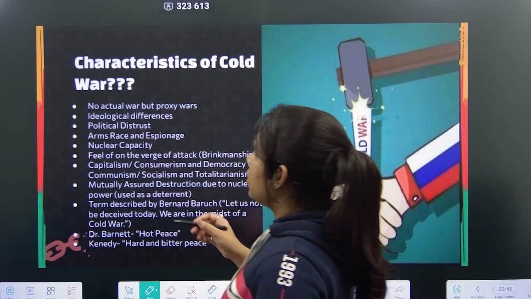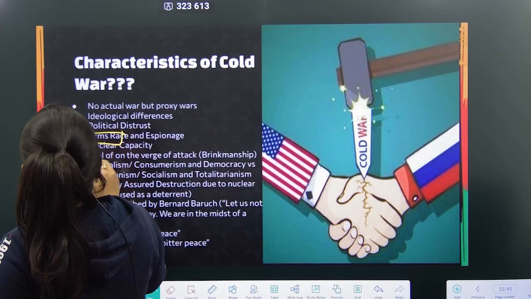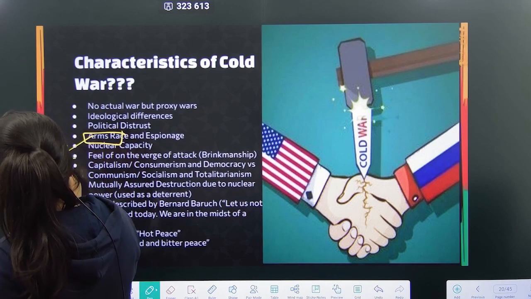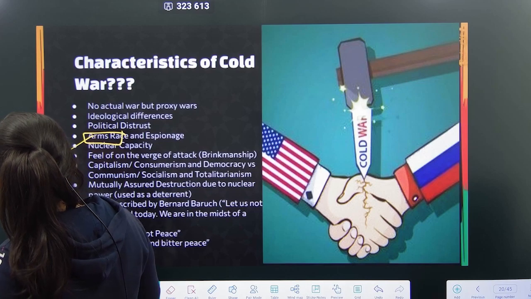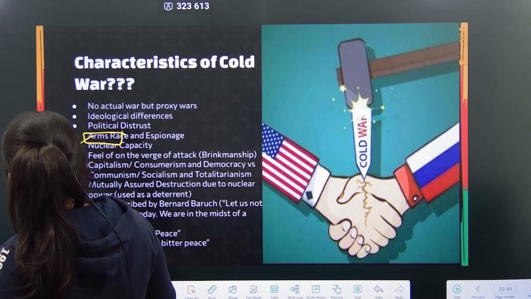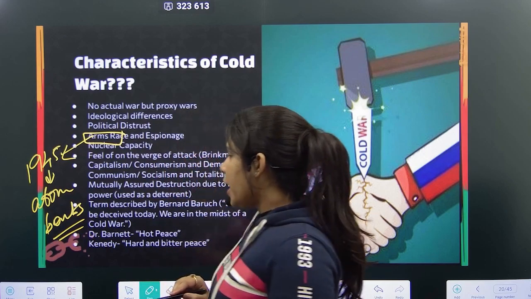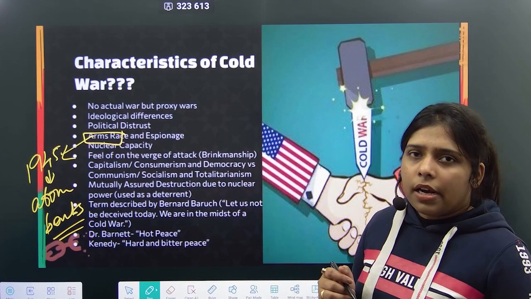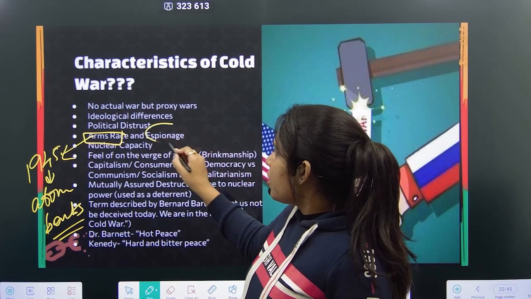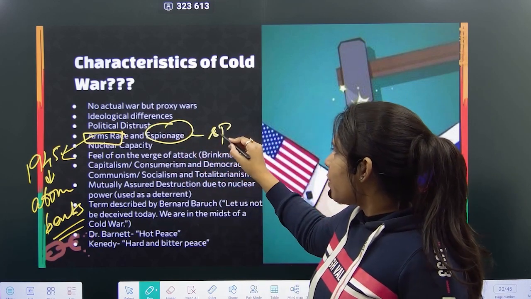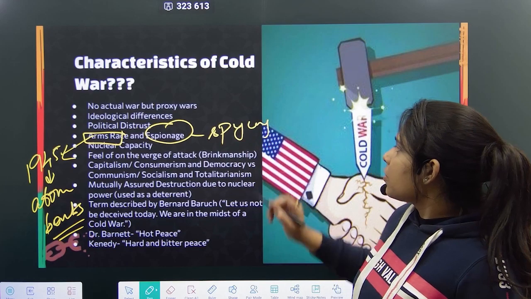Arms race. So after the discovery in 1945 of the atom bombs, even USSR aimed for nuclear weapons now. And simultaneously espionage. Espionage is nothing but spying. Okay.